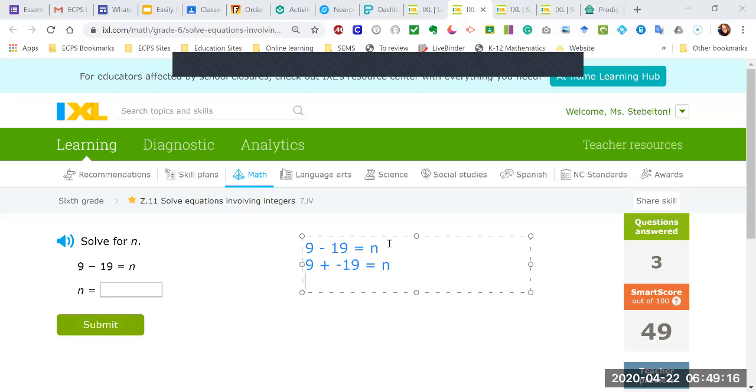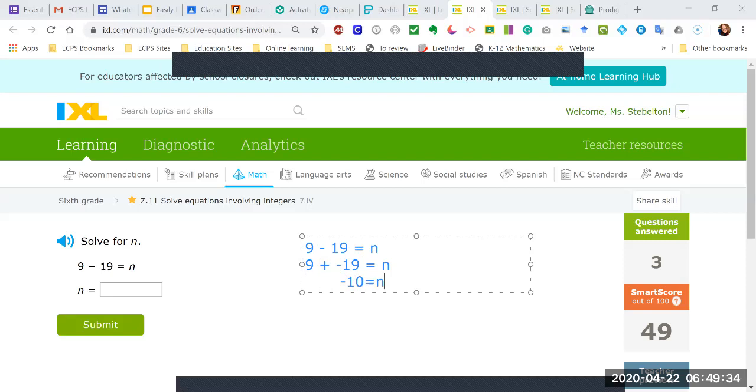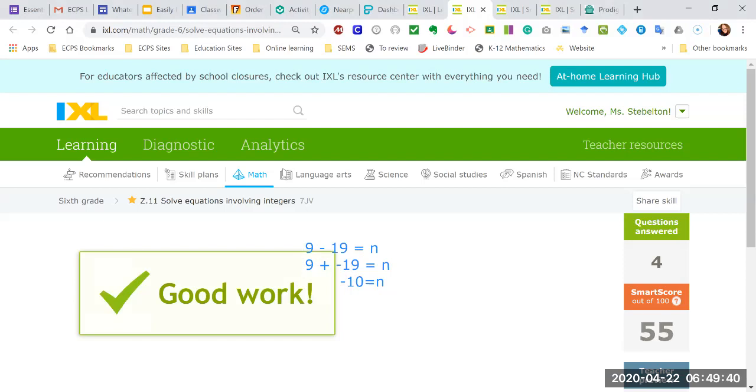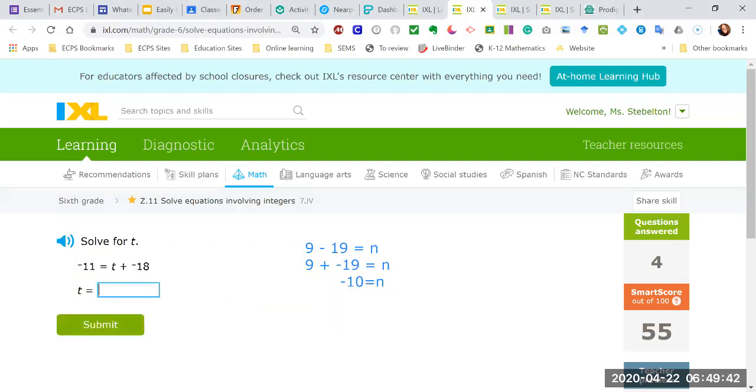Because they are opposite signs, again, we subtract. If we take 9 from 19, that is 10. 19 is higher than 9 and it is negative, so that means -10 equals n. We're going to put that in the box. -10. All right, good. This is what I was looking for.